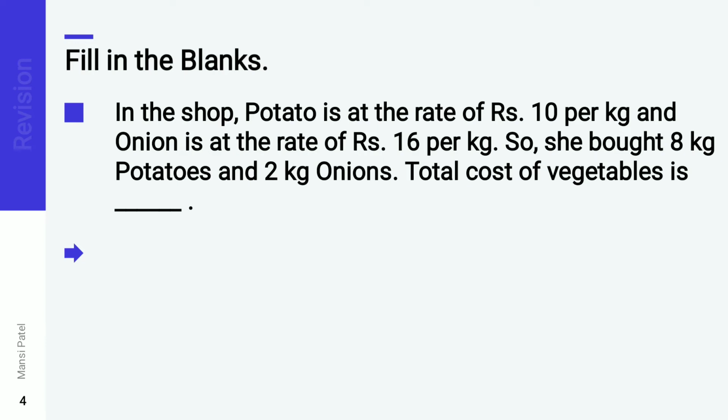If the sum is given in the fill in the blanks, then you have a choice. Either you can do it directly or you can use the unitary method. But if they are asking this type of thing in any of the particular sums, then compulsorily you have to follow the unitary method.